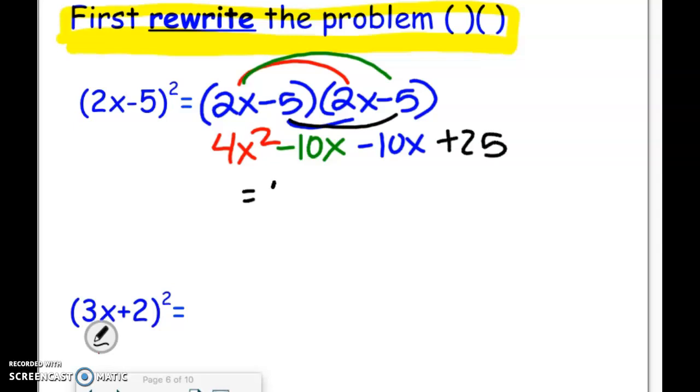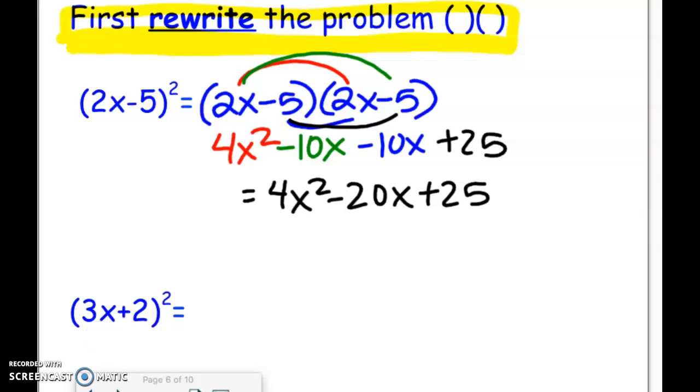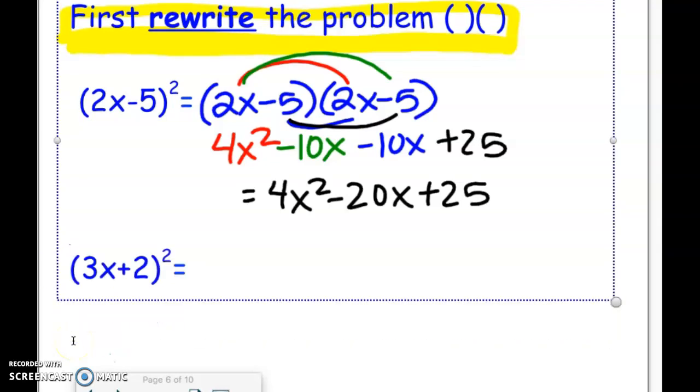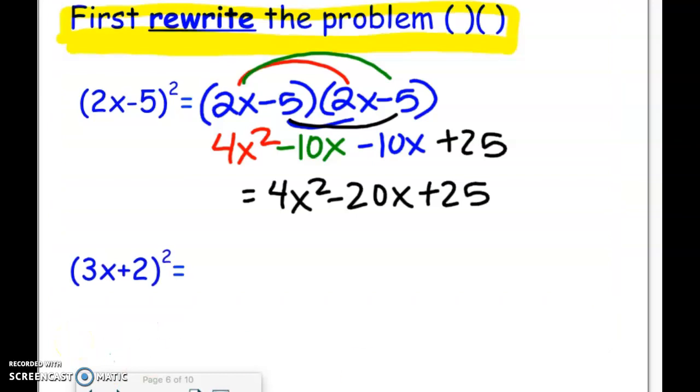So when I combine like terms, I get 4x squared minus 20x plus 25. So there's not really a great shortcut, but you really want to make sure that you rewrite the problem. Some of you might see a pattern or a nice way to know the answer without writing it all out, but I'm not going to show that. I'm just going to keep going with the first, outside, inside, last, because that works every single time.